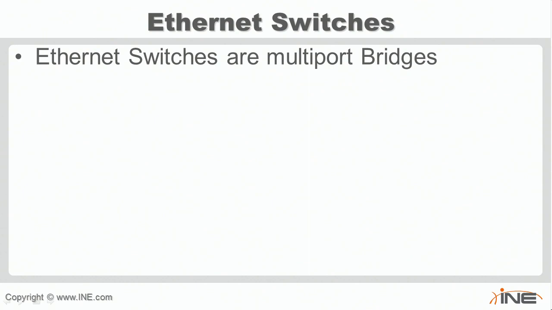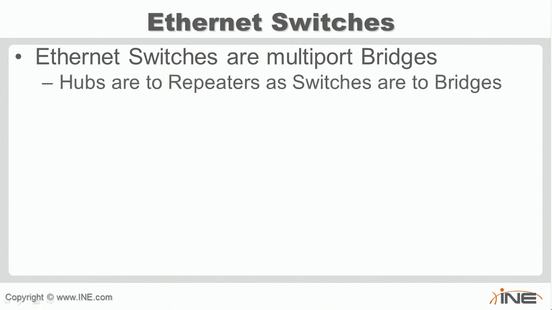So pretty much every switch is going to have 3 or more ports, where typically for small ones they'll have maybe 4 to 8, and then the typical enterprise access switches usually come in multiples of 12 or 24, like a 24 port switch or a 48 port switch, and they go up from there. But the idea is the same: a hub is like a multi-port repeater, where a switch is basically just a multi-port bridge.